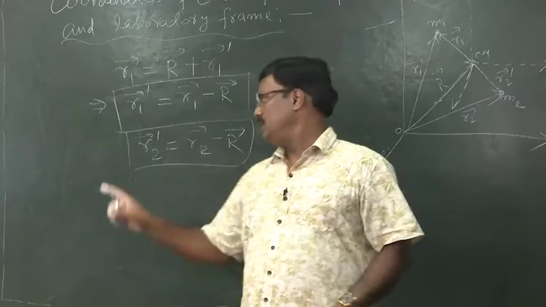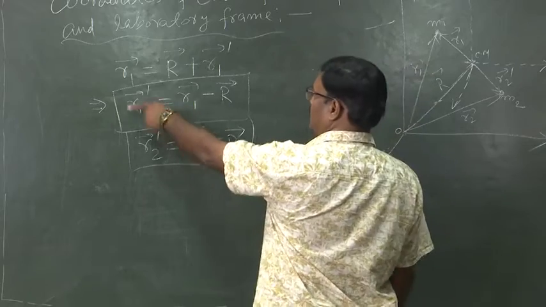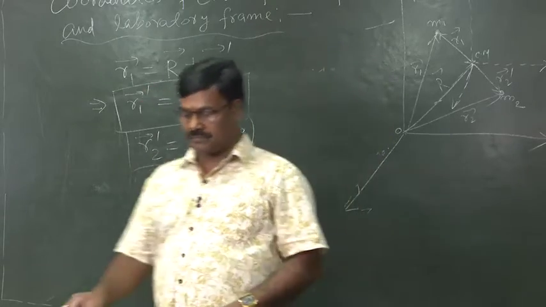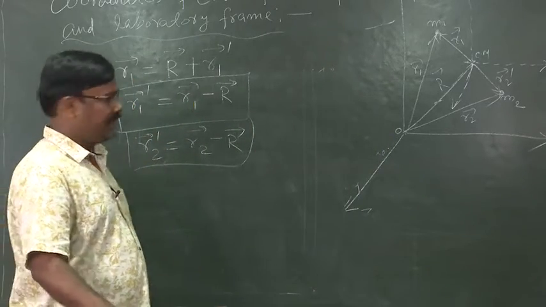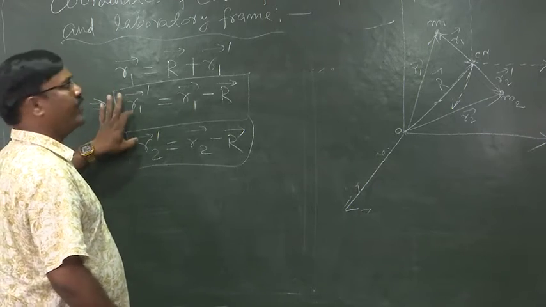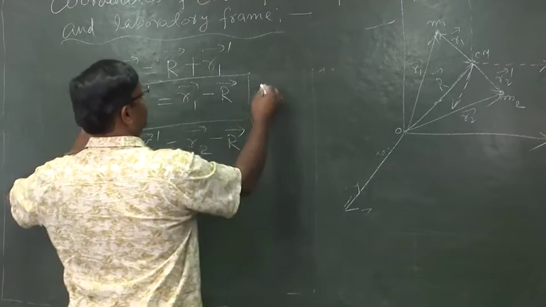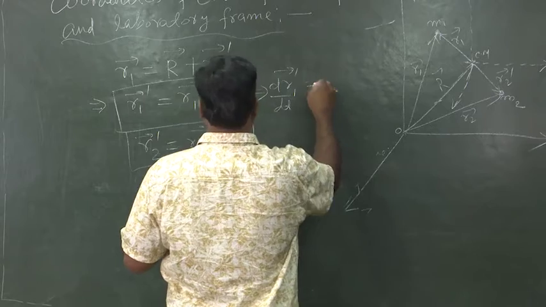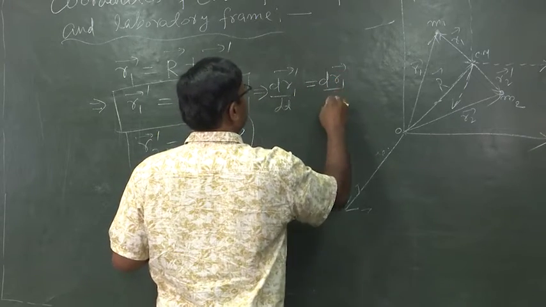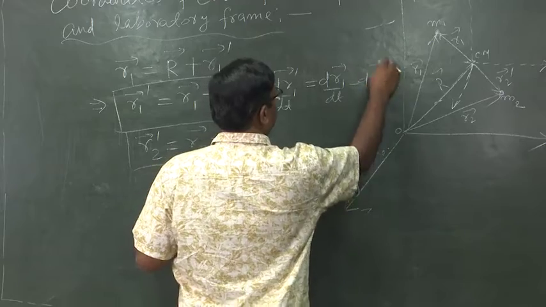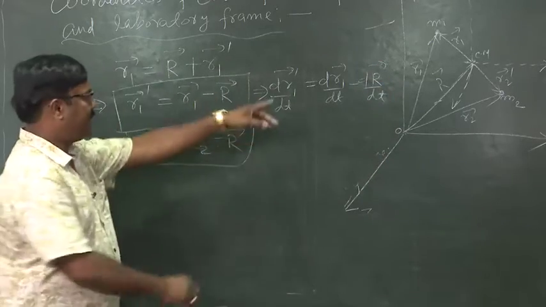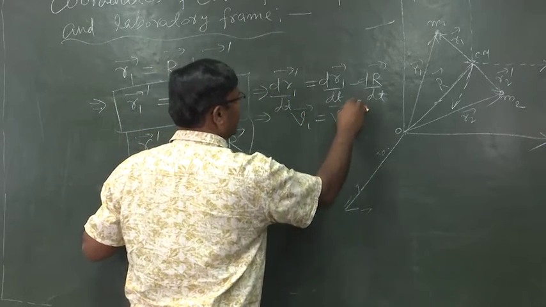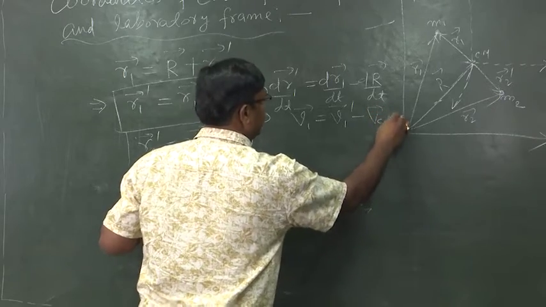Here we have given the relations between the center of mass frame and the laboratory frame position vectors. Similarly, by taking the time derivatives of these two equations, we can write dr1 dash by dt is equal to dr1 by dt minus dR by dt, which can be written as v1 dashed is equal to v1 minus v center of mass.